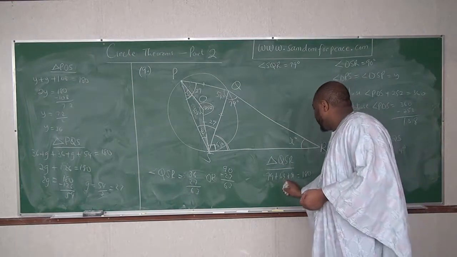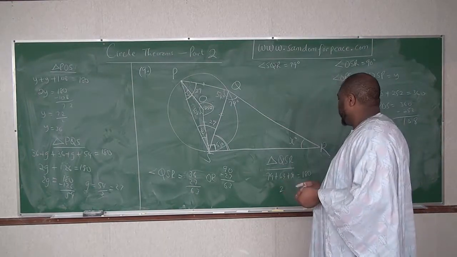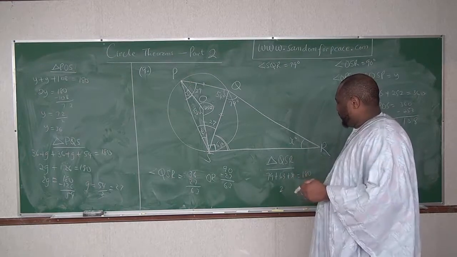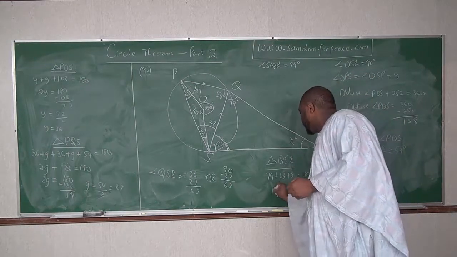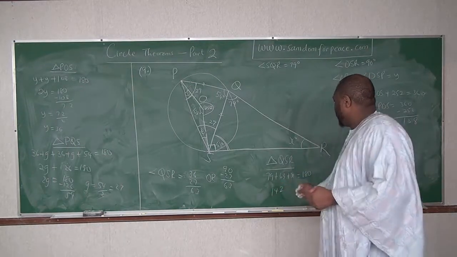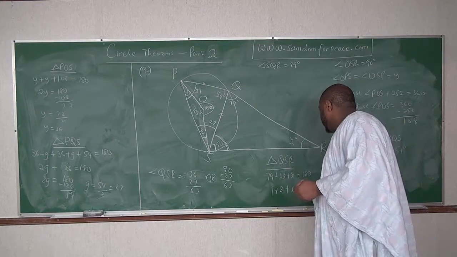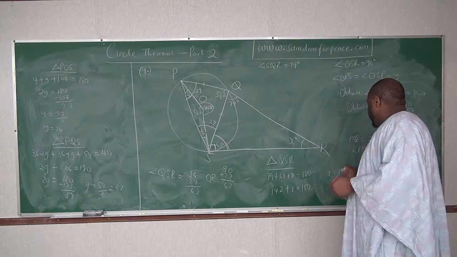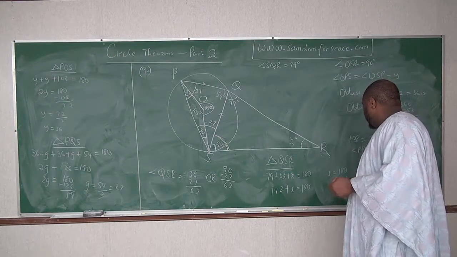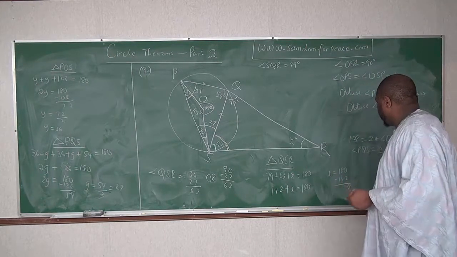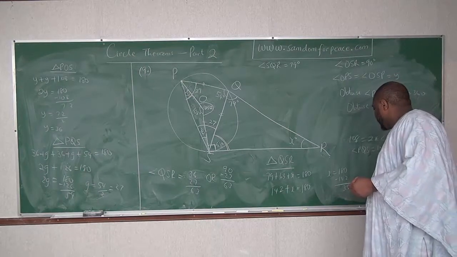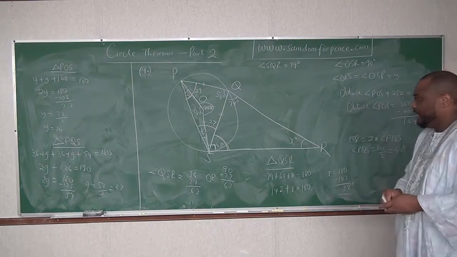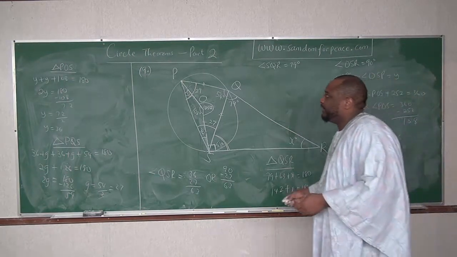So 9 plus 3 is 12. 7 plus 6, 13 plus 1, 14. Plus x is 180. So x is 180 minus 142. And that is 38 degrees. X is 38 degrees.